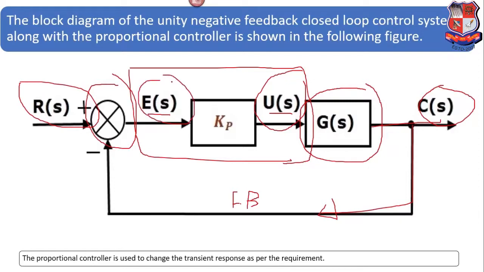This error signal is provided to this block. What will happen is we can modify this error by means of this controller. We generate the actuating signal by means of this controller, so it reduces the error up to 0.